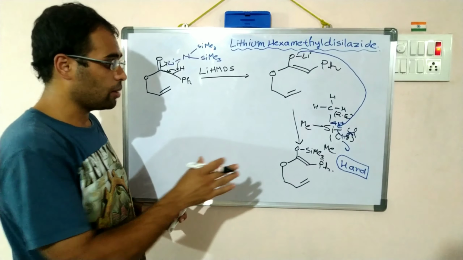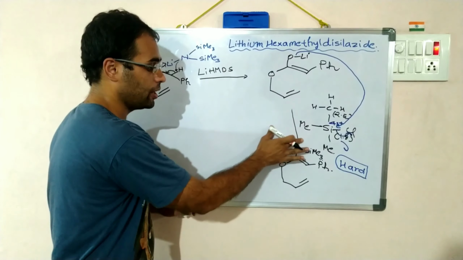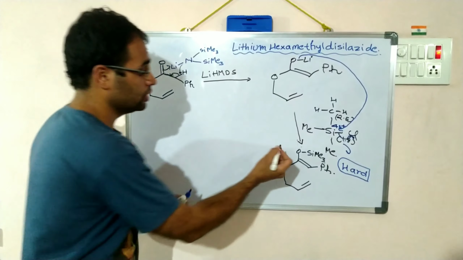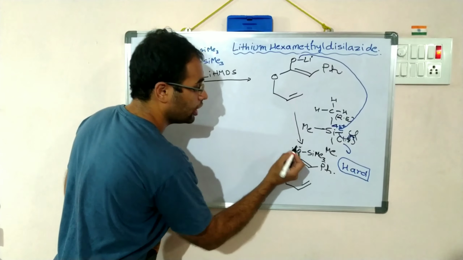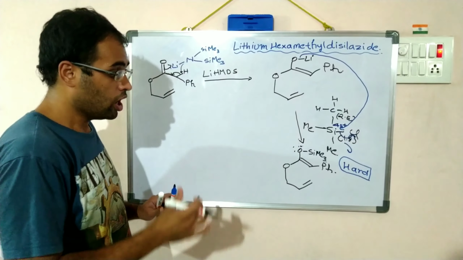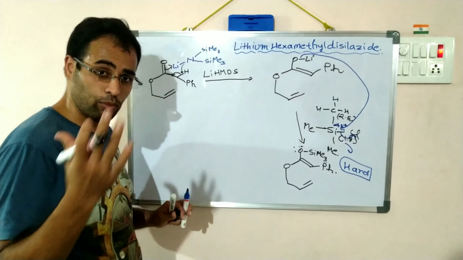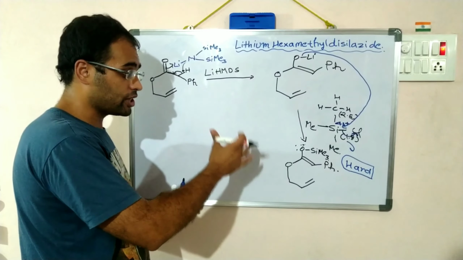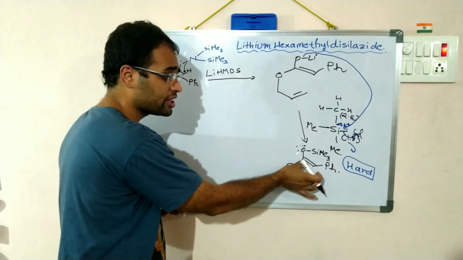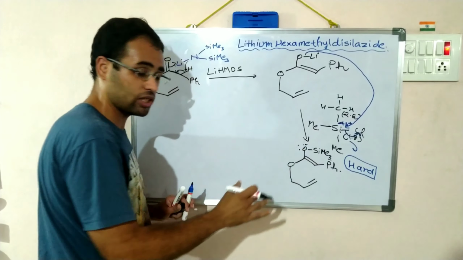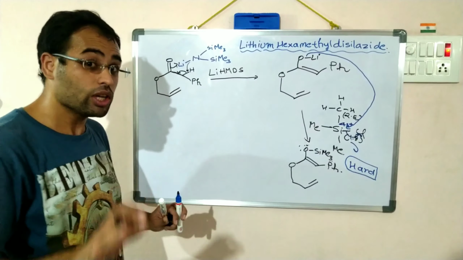The peculiar thing about silicon here is that silicon can accept these lone pairs on oxygen into its empty d orbital and hence strengthen this oxygen silicon bond. Because of the strong oxygen silicon bond, this trimethyl silyl group is used as a protecting group which isolates this double bond from the lone pairs on oxygen, and hence this double bond behaves as an isolated double bond.